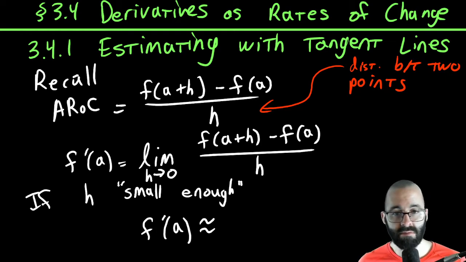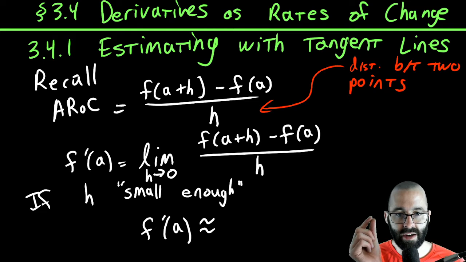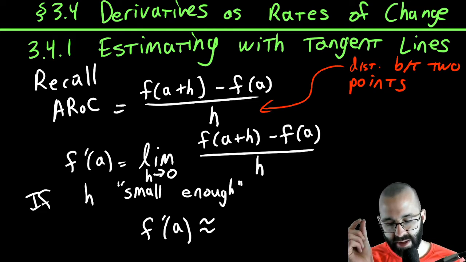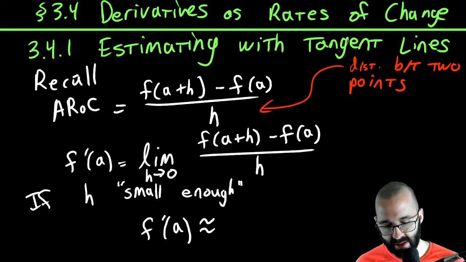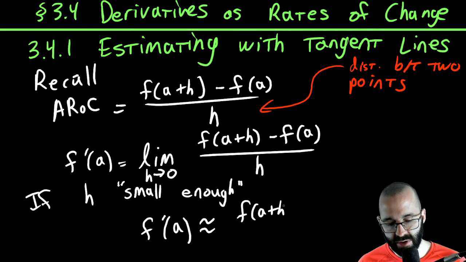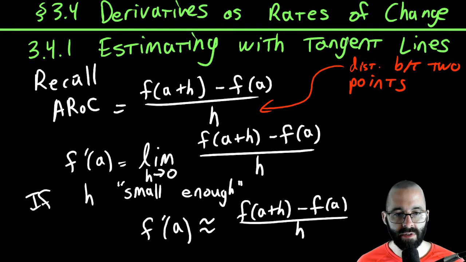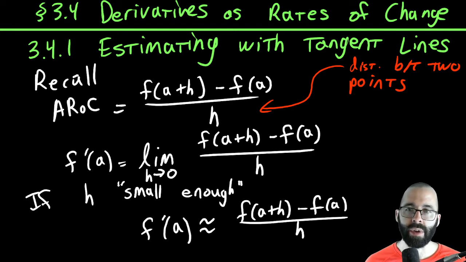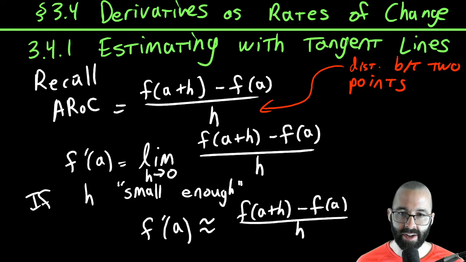They are close because the derivative is just what happens to the rate of change as we get really close together in these two points: f(a + h) - f(a), all over h. We're getting really close to the punchline of this part of the video.